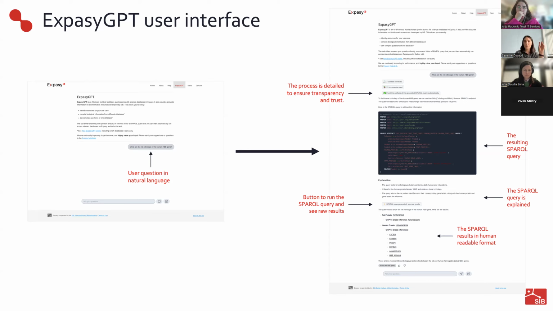Then the SPARQL query is displayed and it is also explained. If a user wants to run the query on the knowledge graph itself and see the raw result, they can do that by clicking on the button. And at the end of the page, the results are summarized in human readable format.